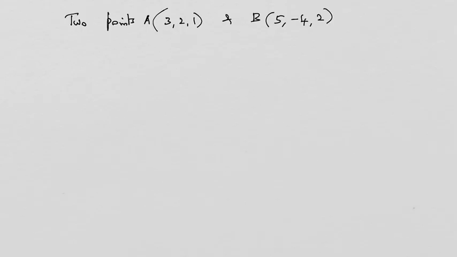If you are thorough with this, then I give you a question. Let me mention it like this: 2 points. For example, point A, whose coordinates are given by (3, 2, 1), and another point B, whose coordinates are given by (4, 5, minus 4), which are in the Cartesian coordinate system.